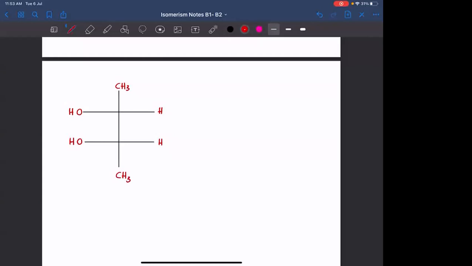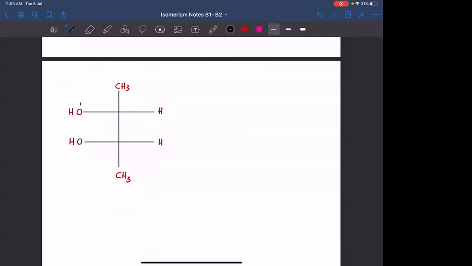Just identify the configuration. R and S. R and S. Okay. Is that right?